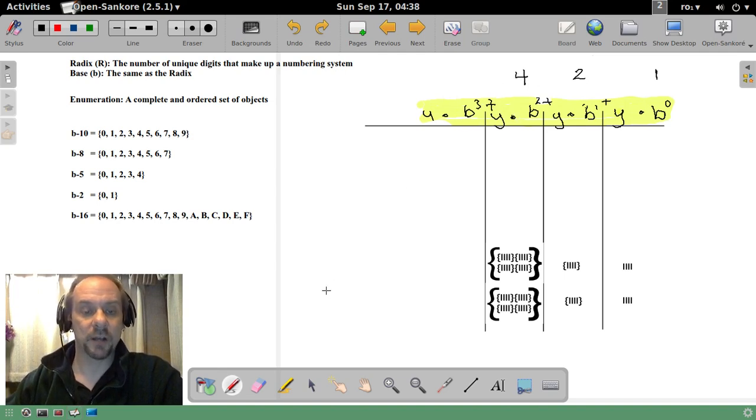So we just turn on that 4. Here we're going to turn on or off an 8, and it just keeps going up. 16, 32, 64, etc.